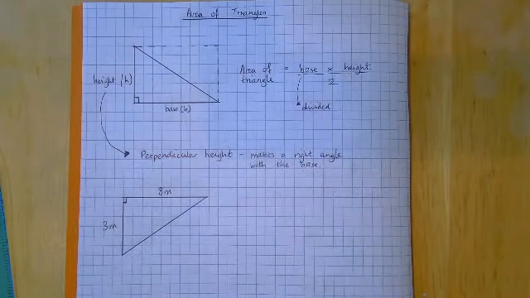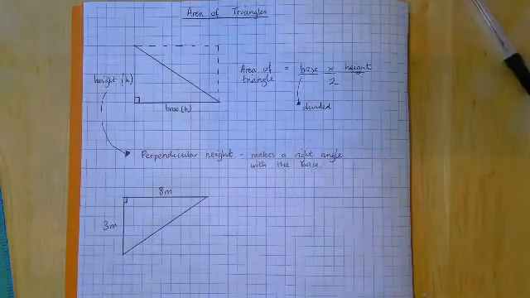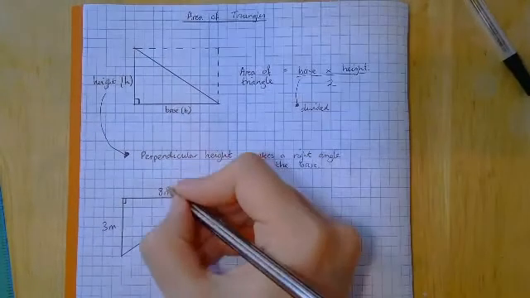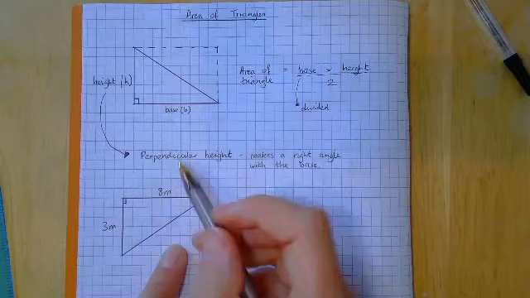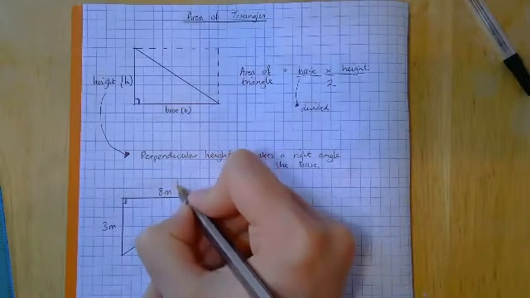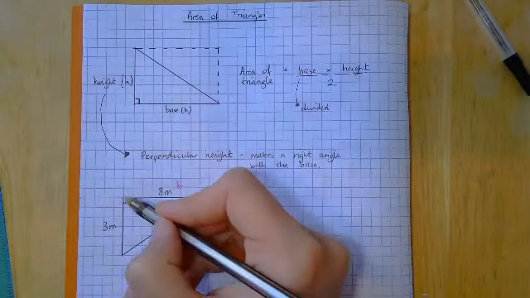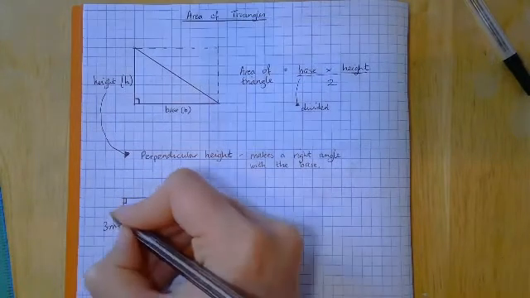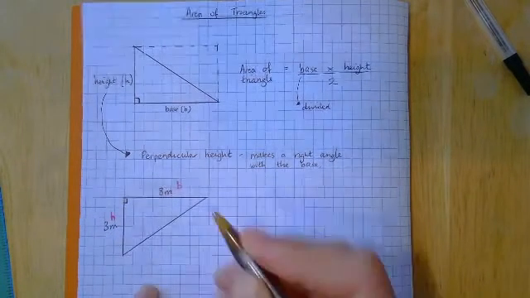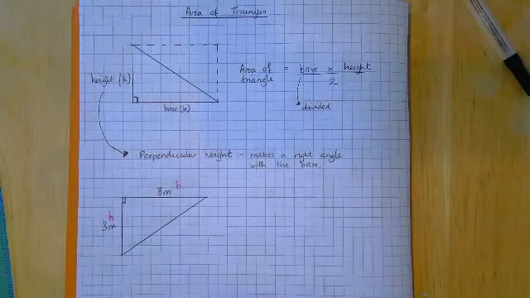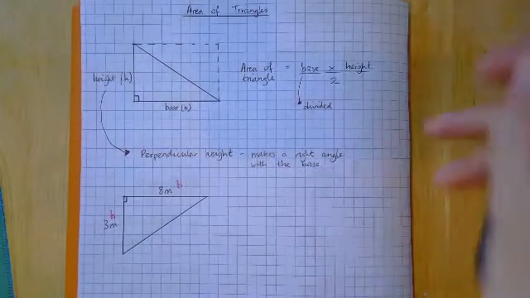Doesn't matter. I'm still going to call this line here the base. Often we're going to call the horizontal one the base. So I'm going to put a B there, and then it makes a right angle, look. So this is my H. It makes a right angle. So my base and my height.